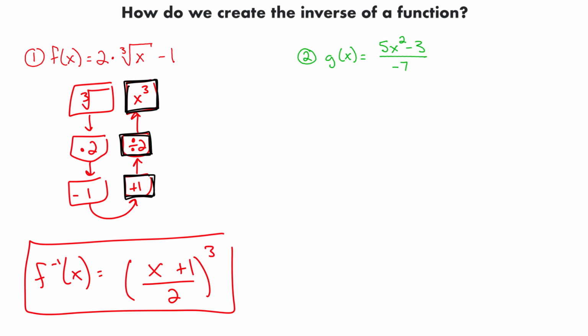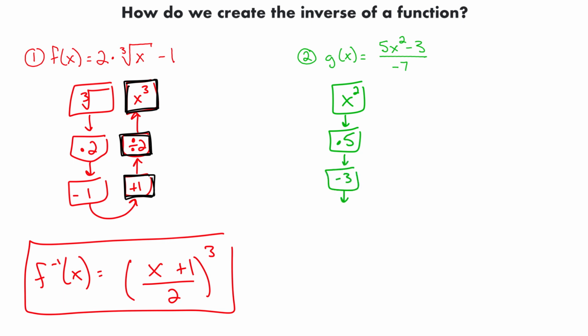Problem number 2, same thing. If I were to plug in a value for x, the first thing I'd have to do is deal with the exponent, the second power. So the first thing I'd do is square it. After you'd square that number, you'd have to multiply it by 5. After we're done multiplying by 5, then we have to subtract the 3.